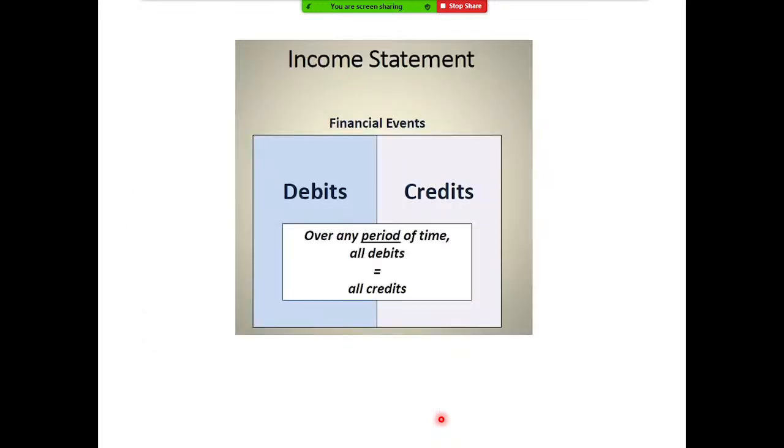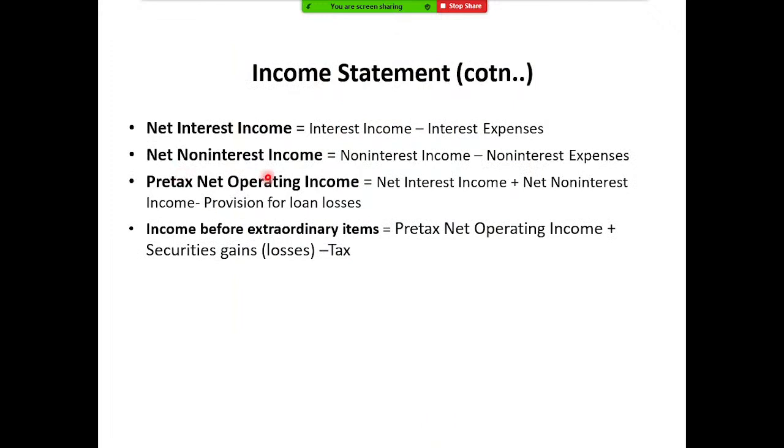When you look at the income statement, you may find net interest income. Net interest income equals interest income minus interest expenses. Net non-interest income is simply non-interest income minus non-interest expenses.